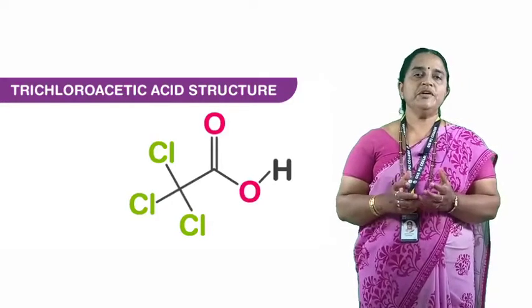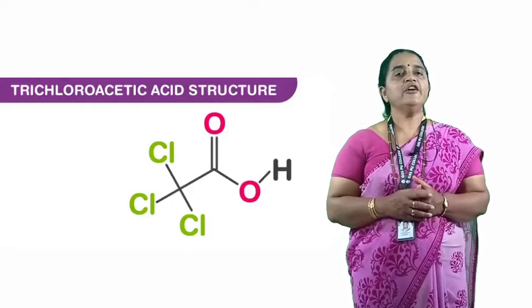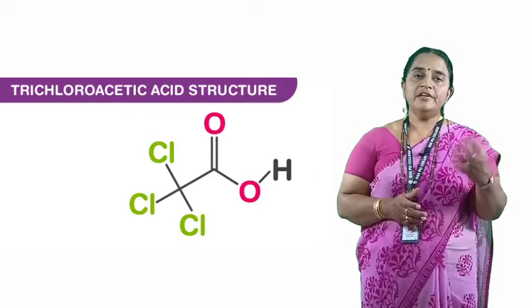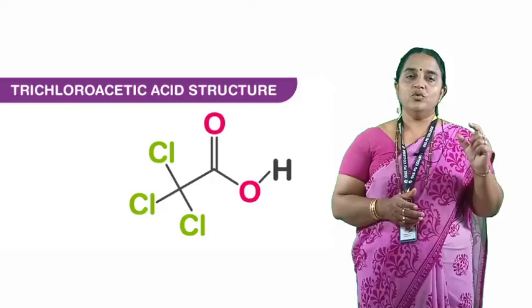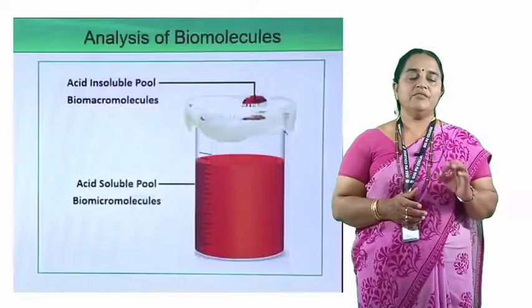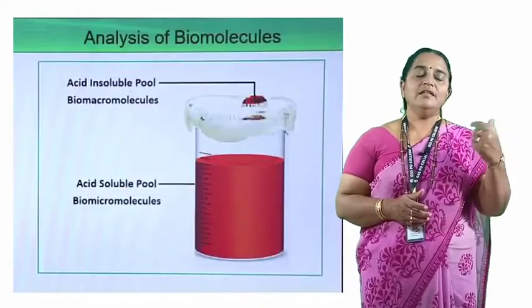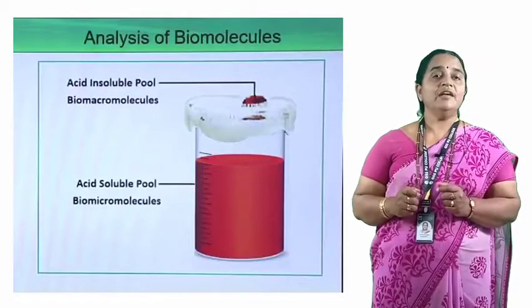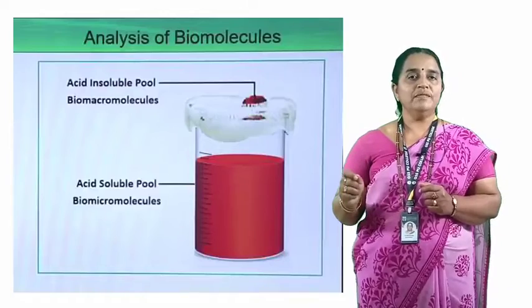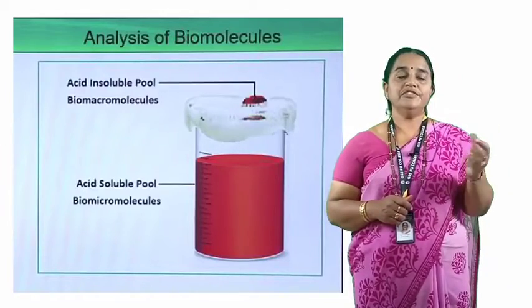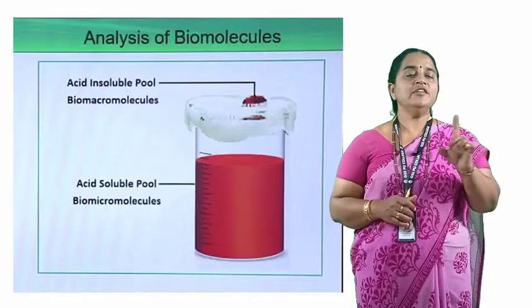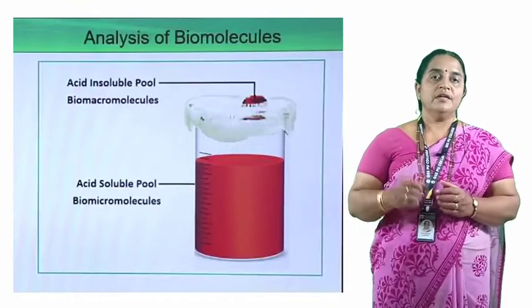When the tissue is grinded adding trichloroacetic acid and when it is filtered, there are two components we are getting. One is filtrate and the other one is retentate. Filtrate is having acid soluble pool and retentate, which is forming insoluble mass. So this we call acid insoluble pool.